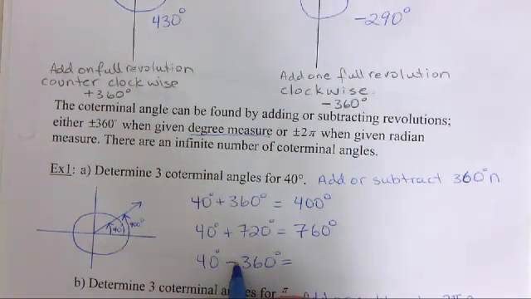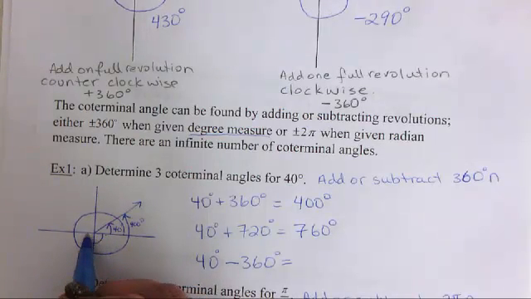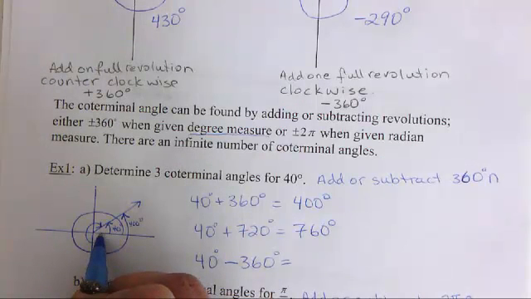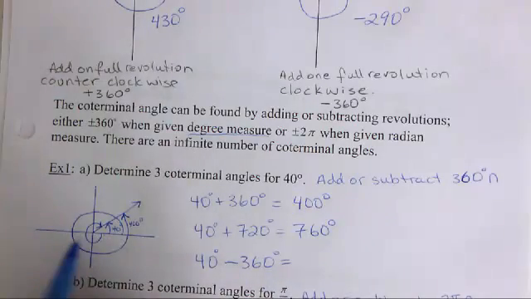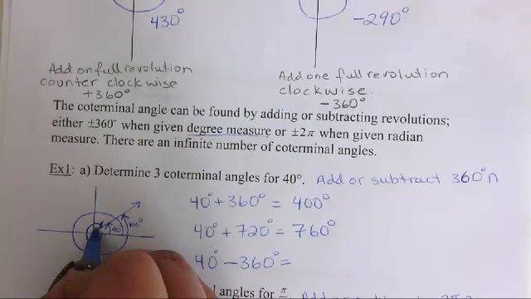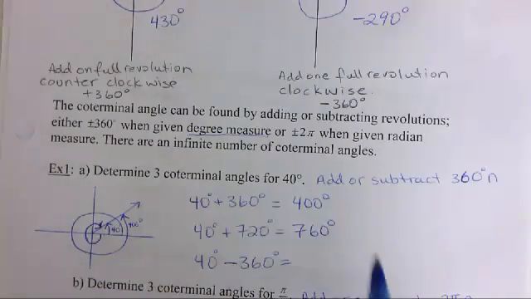I could also go in the opposite direction. So I could start here and then go around here. So I would subtract it. And from here to here, I'm going in the negative direction. And notice that I don't end up going a full 360. I end up stopping 40 degrees short of getting back to where I started.